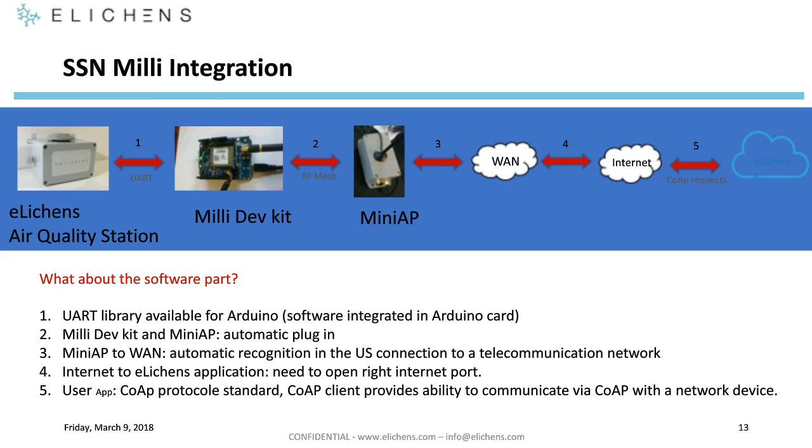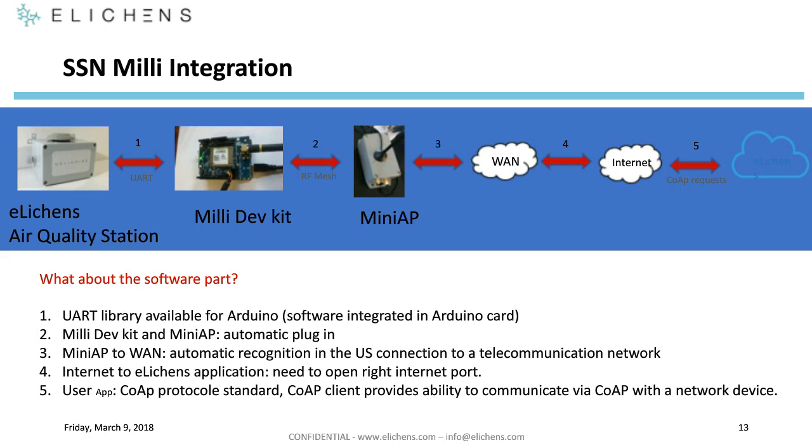On the software side, it was also a pretty easy integration, but some work. The UART availability within the Arduino made it very easy to integrate with the hardware. We were then able to quickly connect through the DevKit mini AP through the WAN interface.